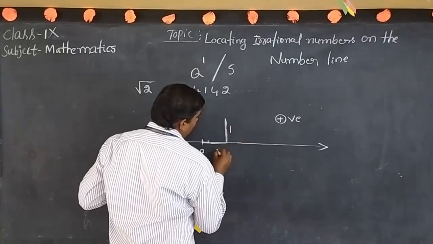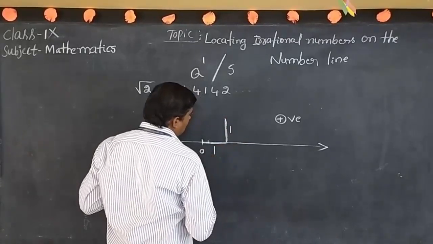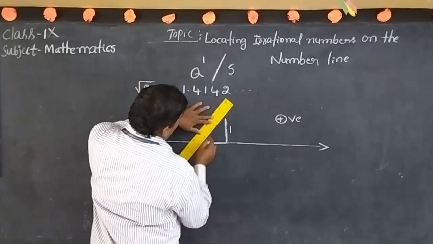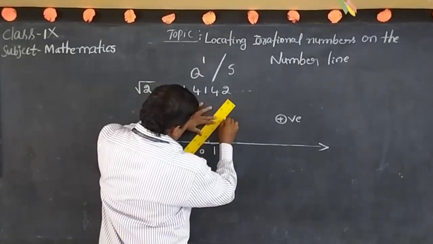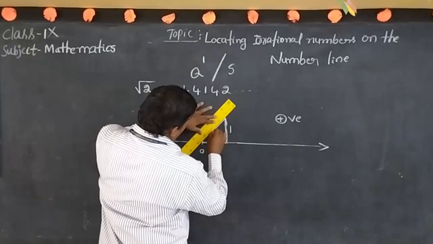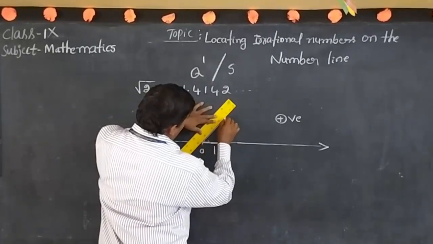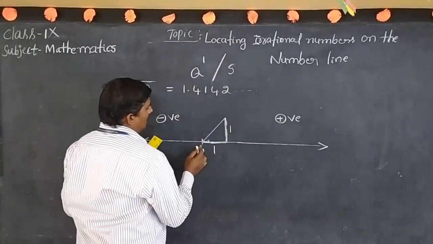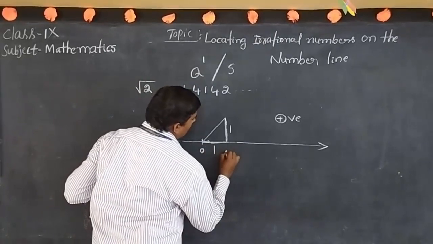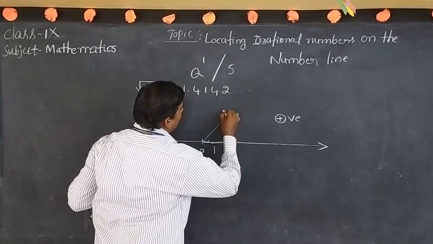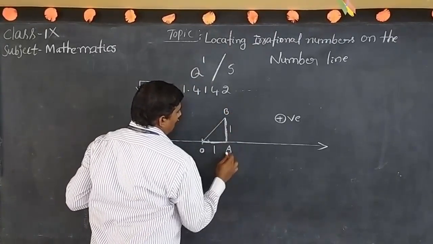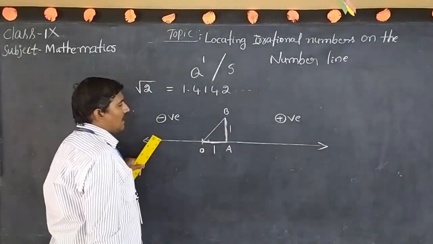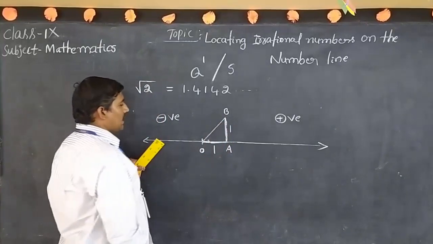Here 1 unit, here also 1 unit. Joining these two, we will get a right angle triangle. Okay, see here O, here A, here B. AOB we are taking as a right angle triangle.